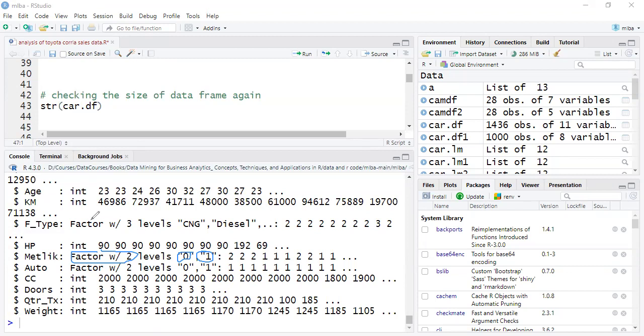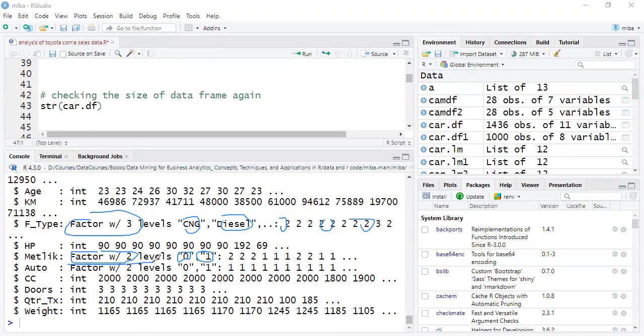Now the other thing is fuel type. Fuel type is converted into three levels: 0, 1, 2. CNG, diesel, and petrol, 1, 2, 3. These are the three numbers which are created by the software by converting.